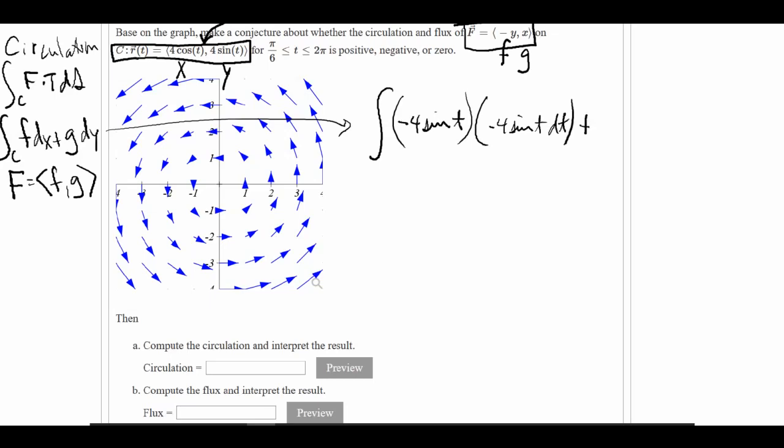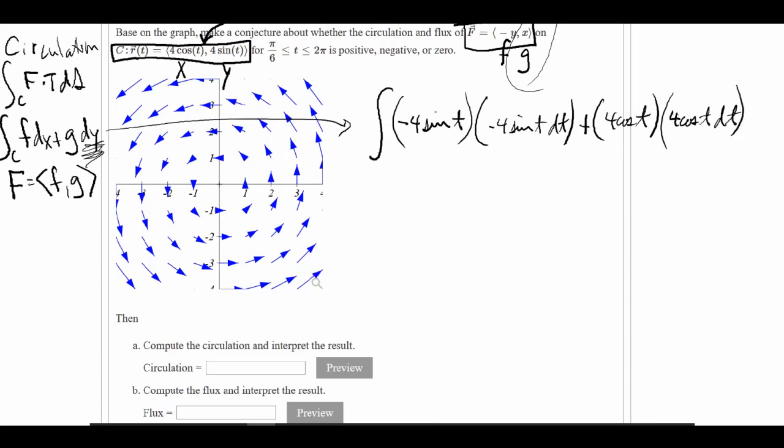And the function g, which is x, but x is the 4 cosine t. And the dy means the derivative of the y component of the curve. The y component is 4 sine t. The dy then would be the derivative of 4 sine t, which would be 4 cosine t dt.